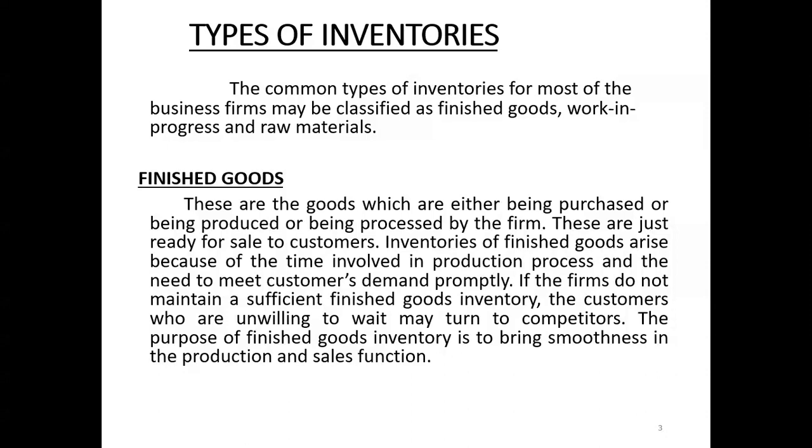The goods need to meet the customer's demand promptly. If the firm doesn't maintain sufficient finished goods, customers who are unwilling to wait may turn to the competitor's side. The main purpose of finished goods inventory is to bring smoothness in the production and sales function as well.